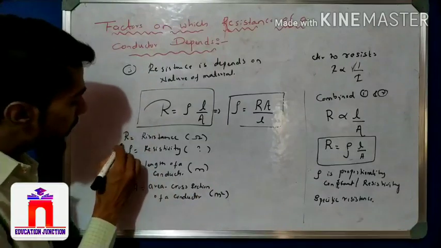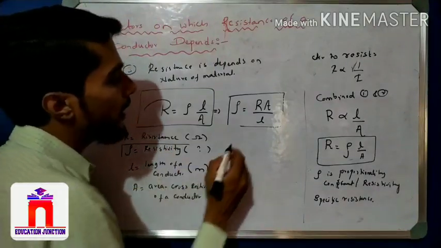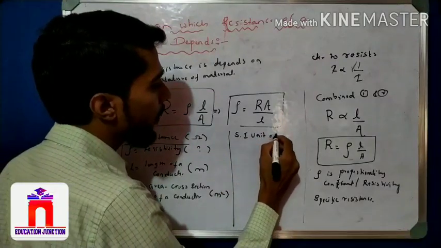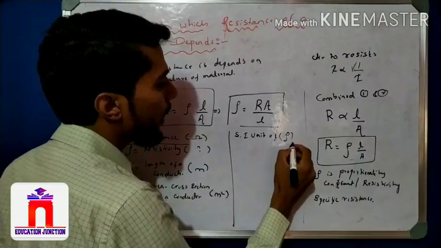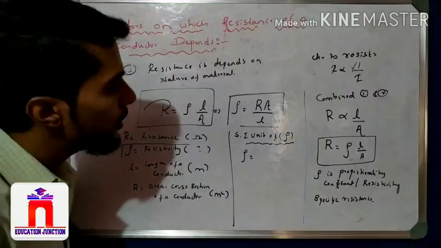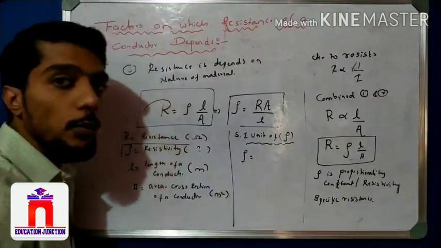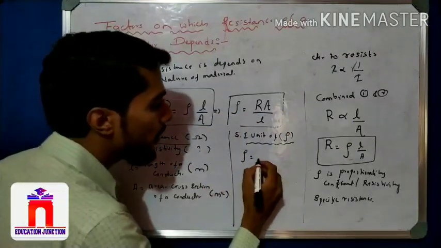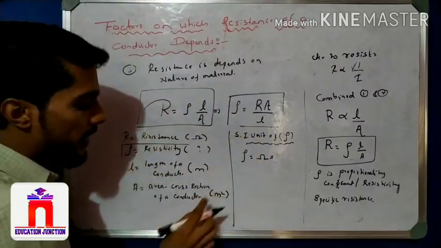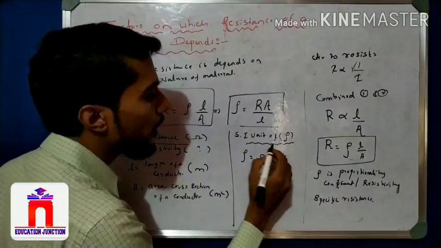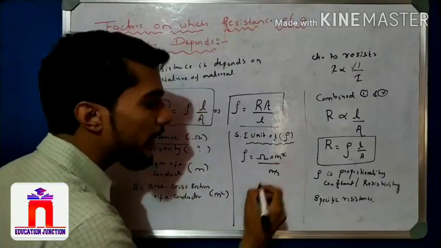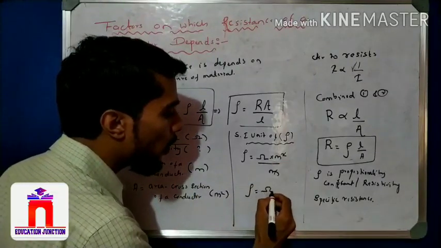Now students, what is the SI unit of resistivity rho? We know the formula rho is equal to R A by L. The unit of resistance is ohm, into the unit of area, meter square, divided by the unit of length, meter. So one meter gets cancelled, and rho is ohm meter.